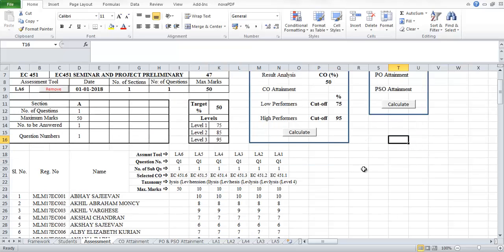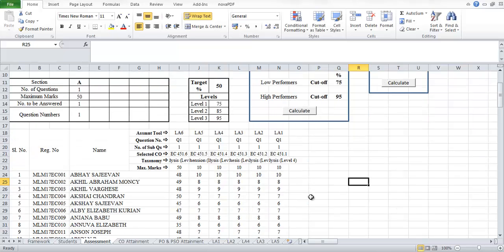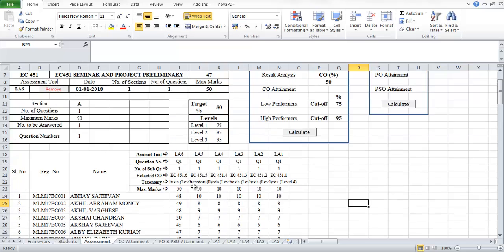For the others it was different. Now based on that I have to just press calculate. Before that I have to enter the marks, sorry. So now we have the marks for LA6, and now we are going to calculate straight away.